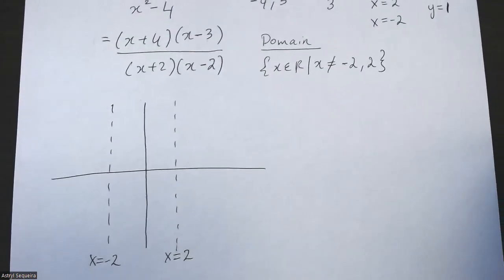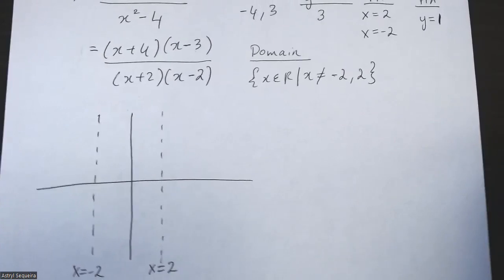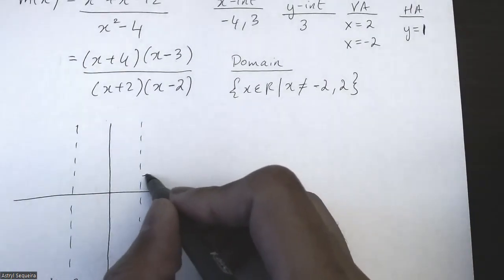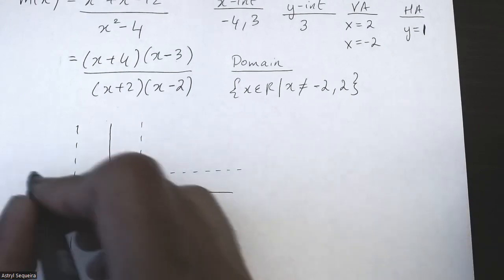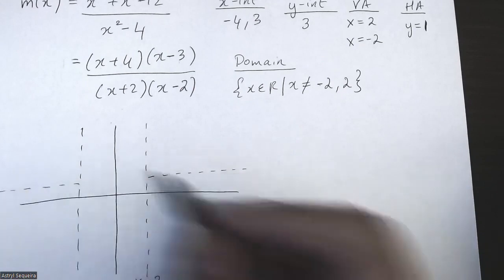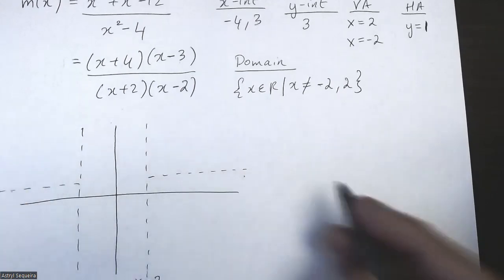And then we want to label the horizontal asymptote y equals 1. So remember, when you're doing horizontal asymptotes, only do it on the ends. It does not apply to the middle of the graph, it only applies to end behaviors.